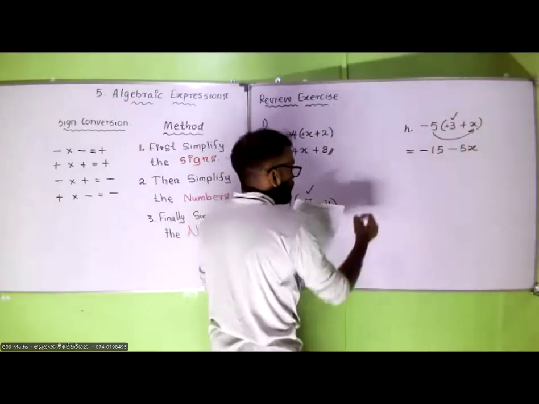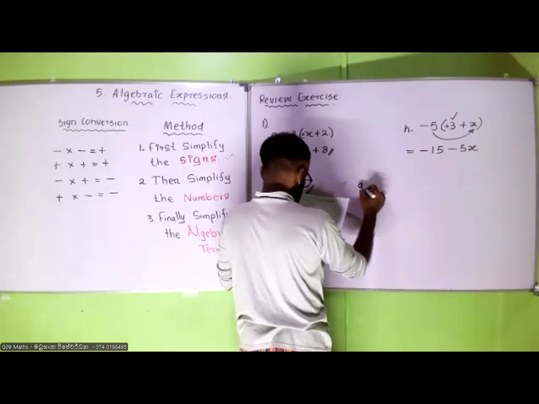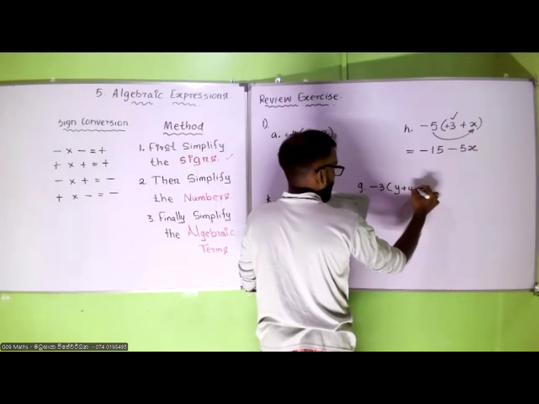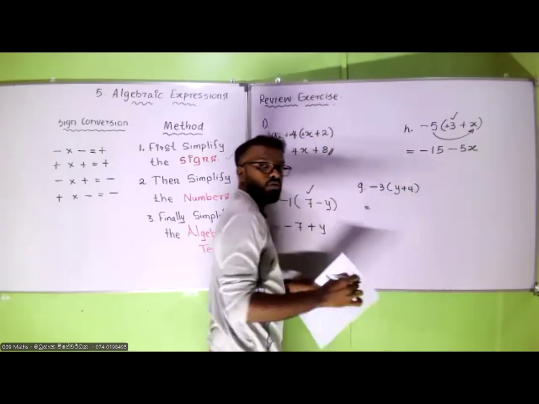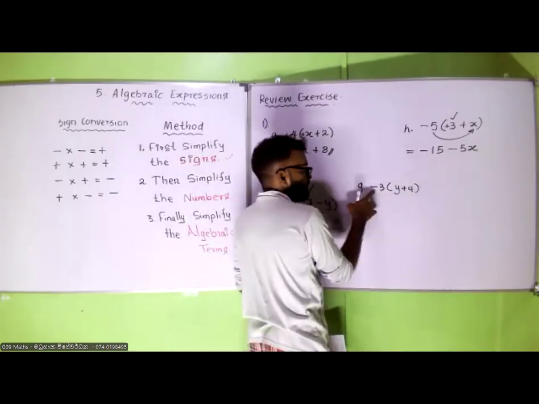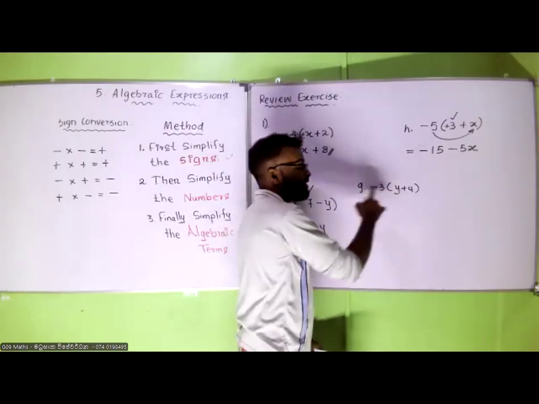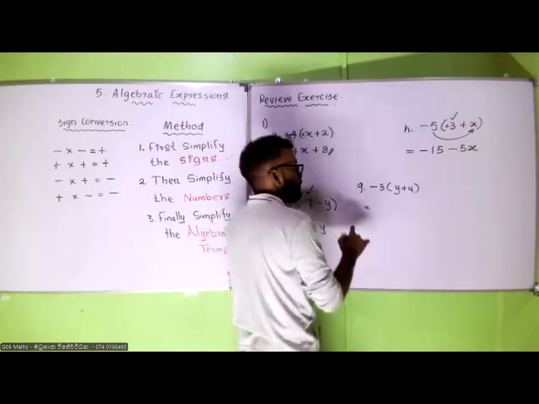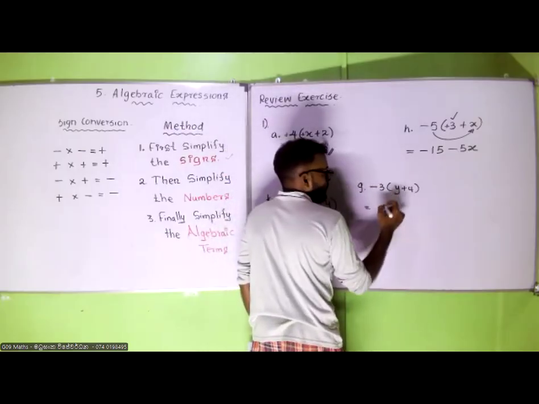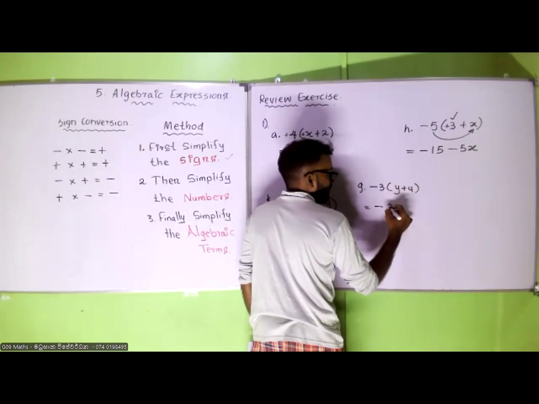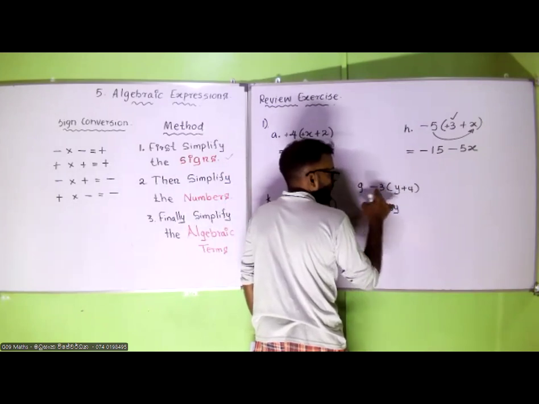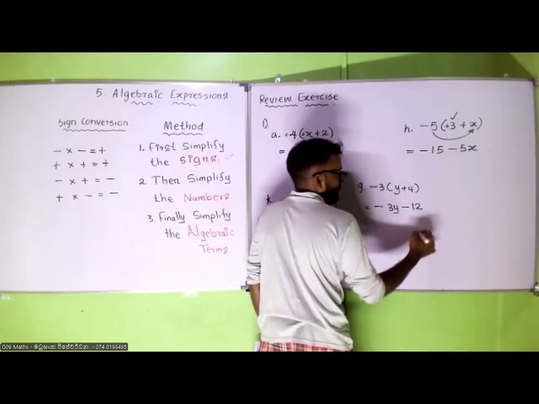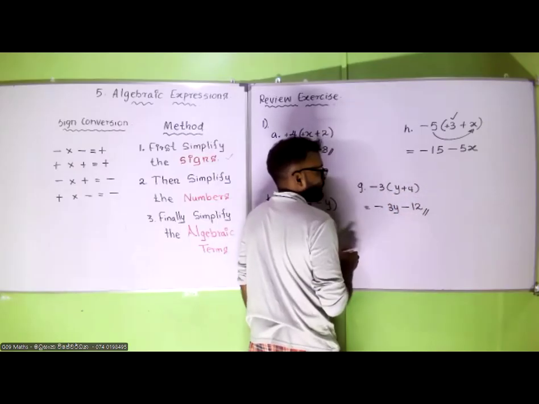So what I told you to do is part G. You guys have done this correctly, right? You know this negative 3 and this y is positive y and this positive 4. So negative into positive, negative 3 times y, negative 3y. Negative into positive, negative 3 times 4, negative 12. Done.